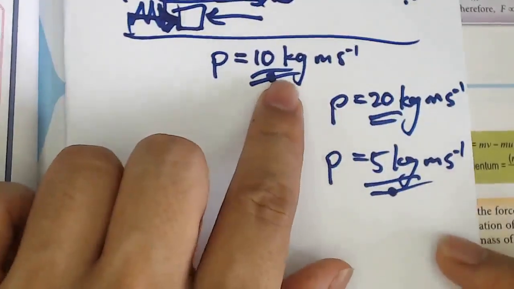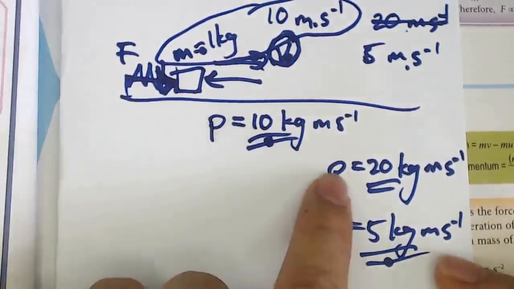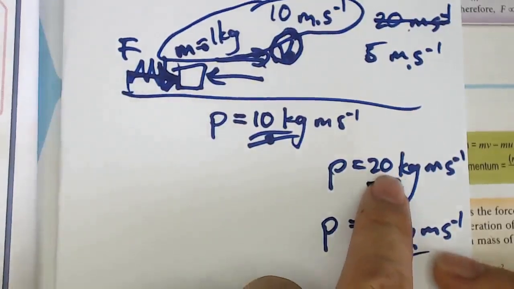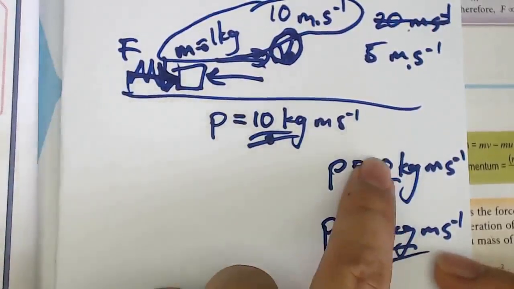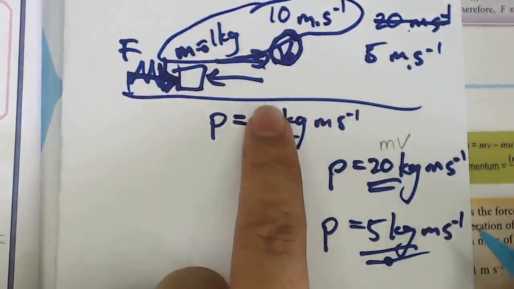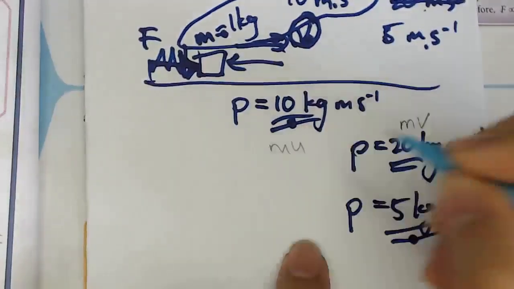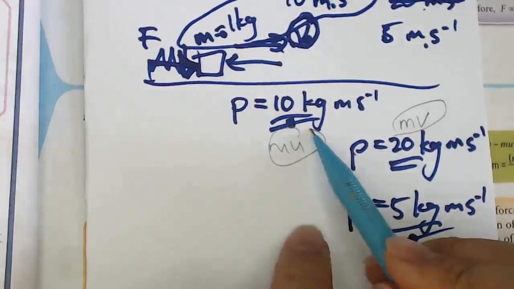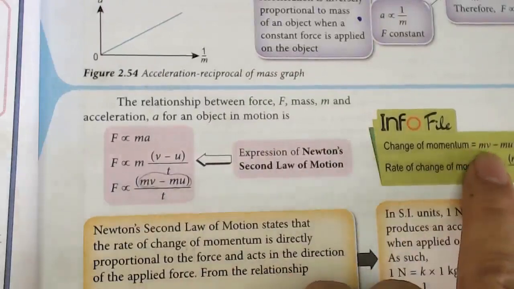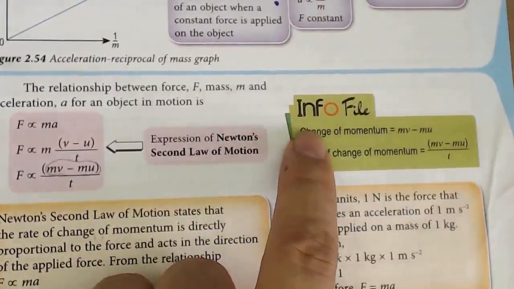Such as in this case, before we got 10, after we put a force, the momentum increased to 20. So this is mv, and this is mu, because u is the initial velocity, correct? So mv minus mu is what we call the change of momentum.